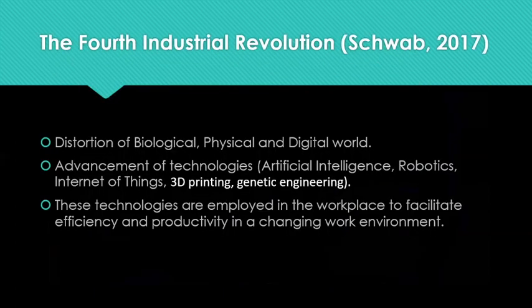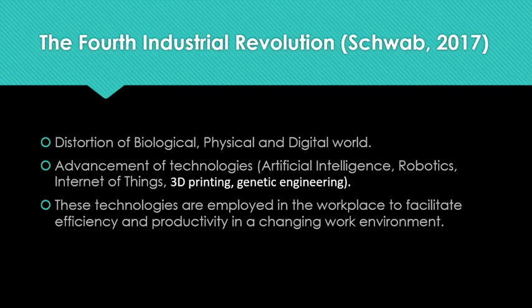So when we check the definition of 4IR, what is 4IR basically? I put the author here. I like this author because he talks much about 4IR. Maybe you can just check in Google Scholar when you have free time. Basically, the fourth industrial revolution, or 4IR, is the term used to describe the situation of biological, physical, and digital worlds. That means we see three things here.